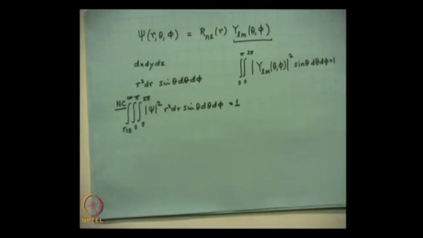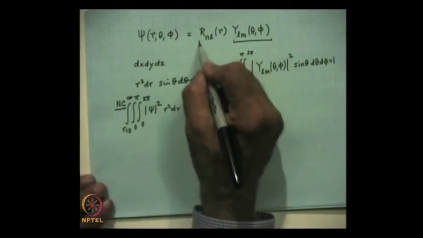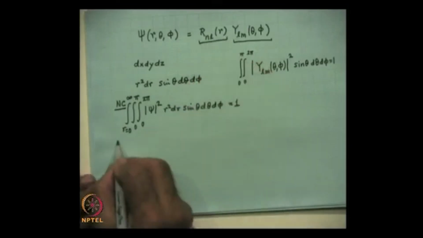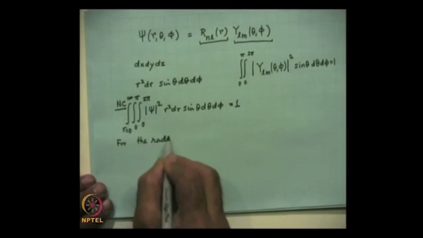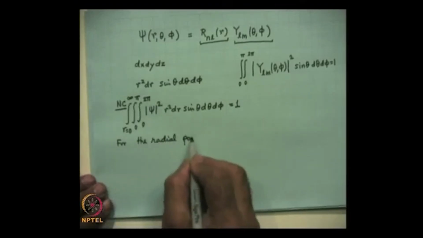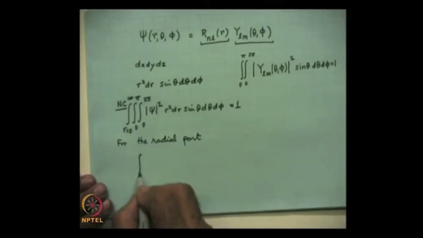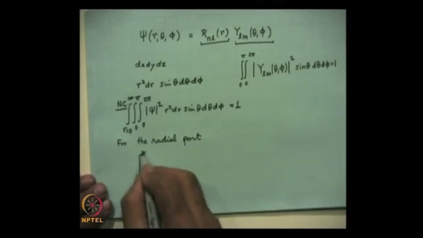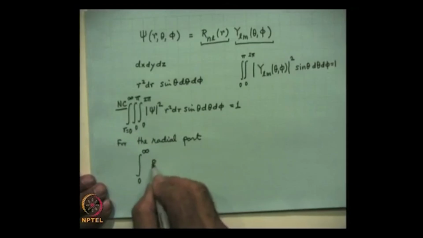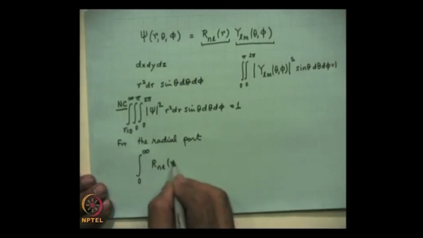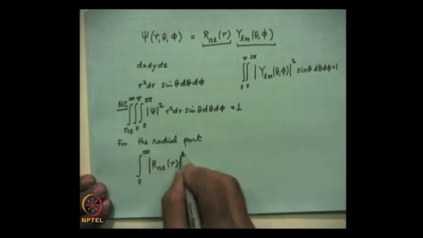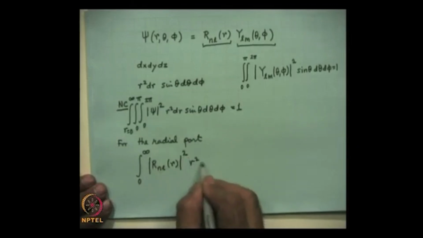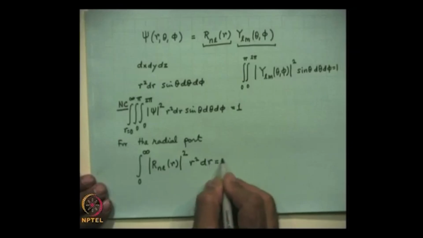This is the normalization condition for the spherical harmonics. And for the radial part, you will have the integral from 0 to infinity of R n L mod square, actually they are all real, so it does not matter, r square dr is equal to 1.